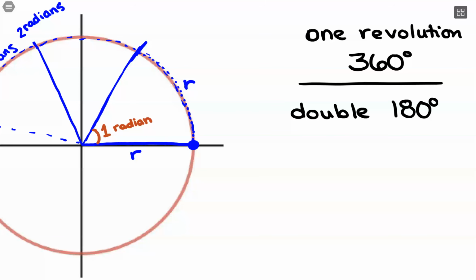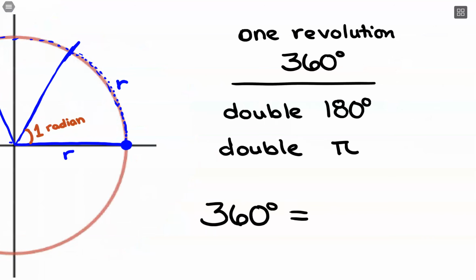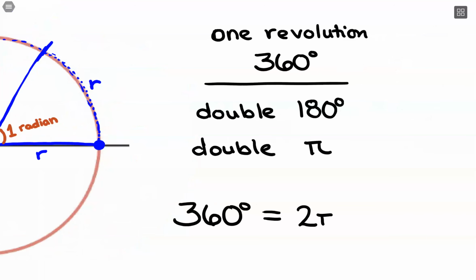In terms of this conversion, if 180 degrees is exactly equal to pi radians, then it would just be double pi, which means 2 pi. So 360 degrees is going to convert to 2 pi radians.